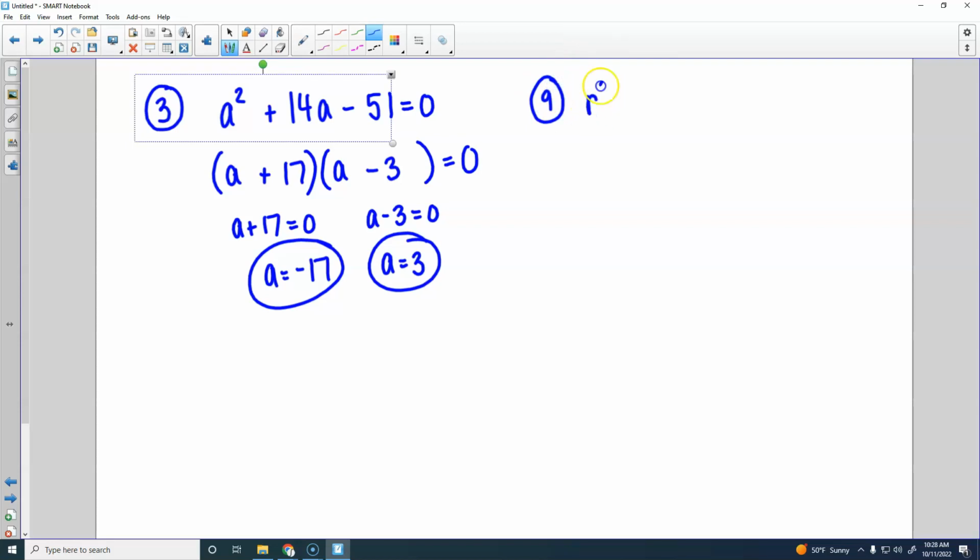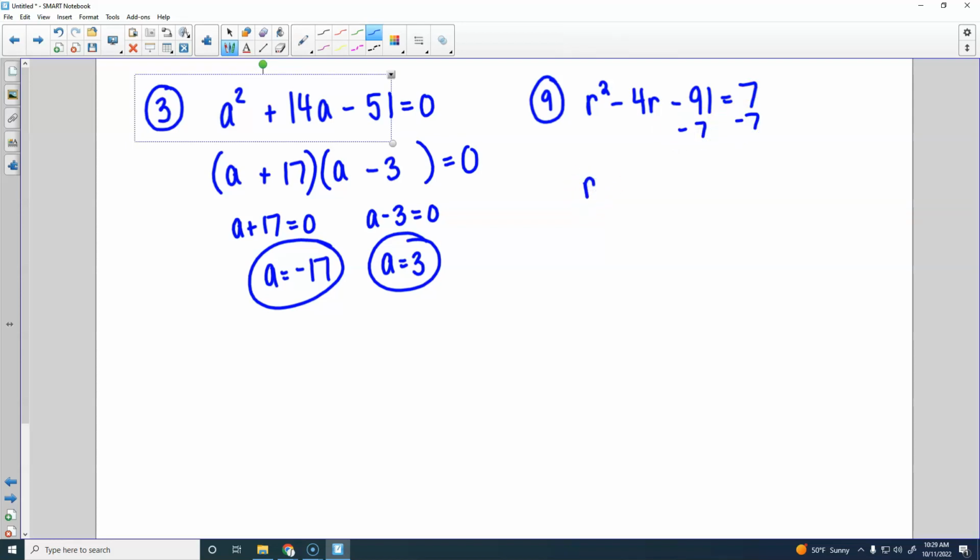So if I've got r squared minus 4r minus 91 equals 7. Okay. For this, I can't solve it like it is. What does it have to be equal to before I can solve it? 0. So I need to subtract the 7.